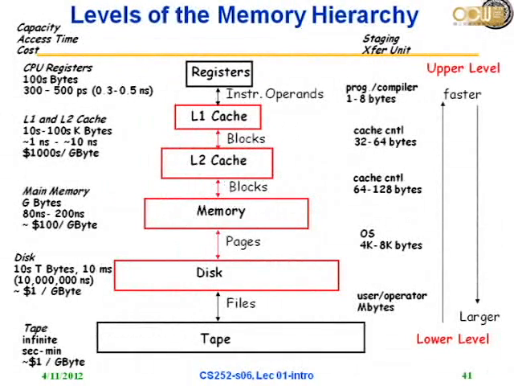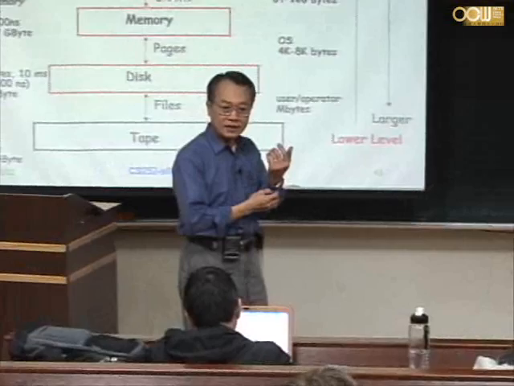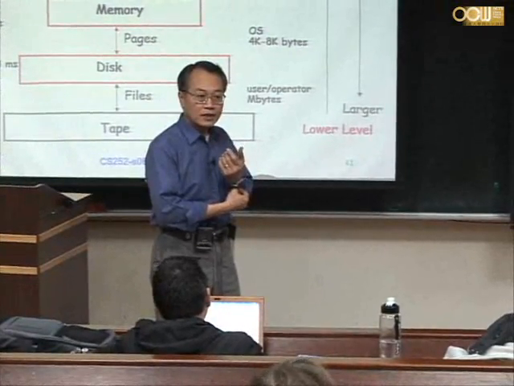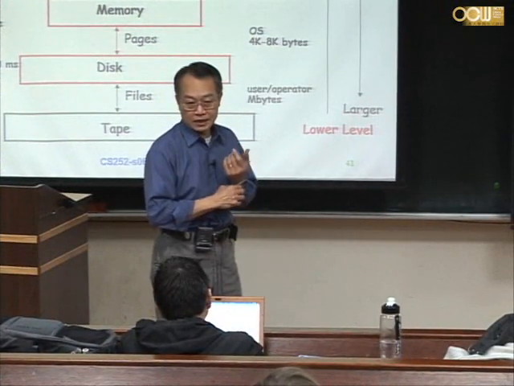We're on this slide, levels of memory hierarchy. Why do we need to have this hierarchy? What's the purpose? Very simple. We want to have unlimited memory space with very high speed.